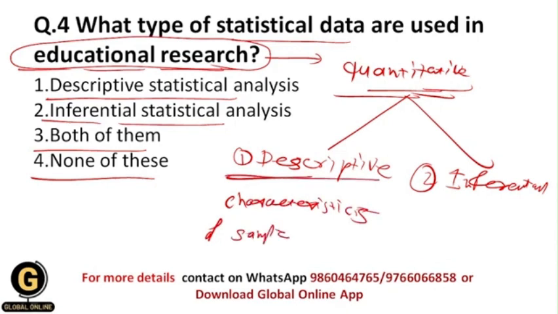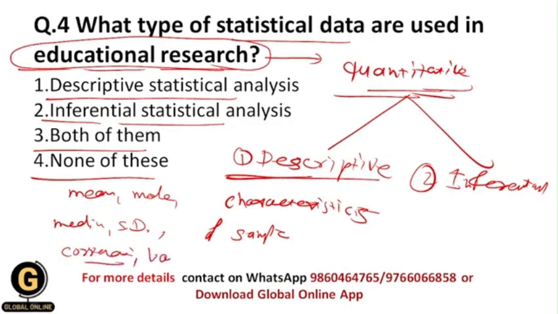Descriptive statistical analysis includes mean, mode, median, standard deviation, then correlation. And there are other dispersion techniques as well, for example variance. So all of these are descriptive statistical analysis.